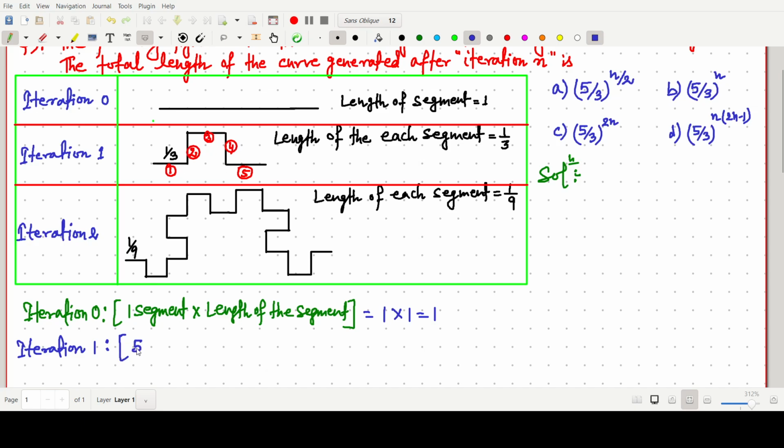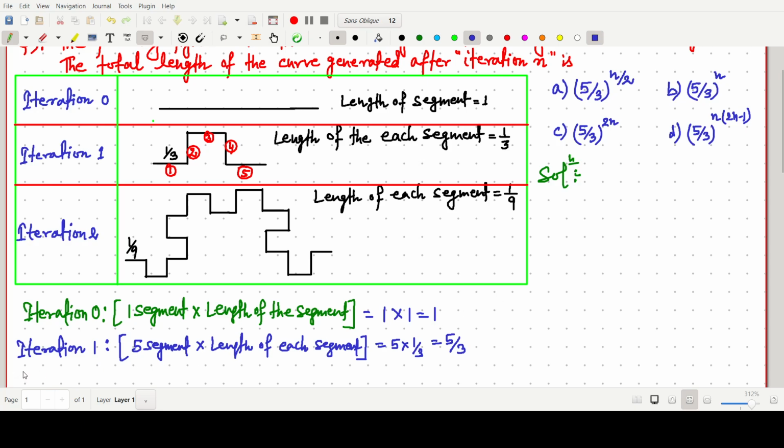So in this case it should be five segments into the length of each segment, so 5 into 1 by 3. So it should be simply 5 by 3.